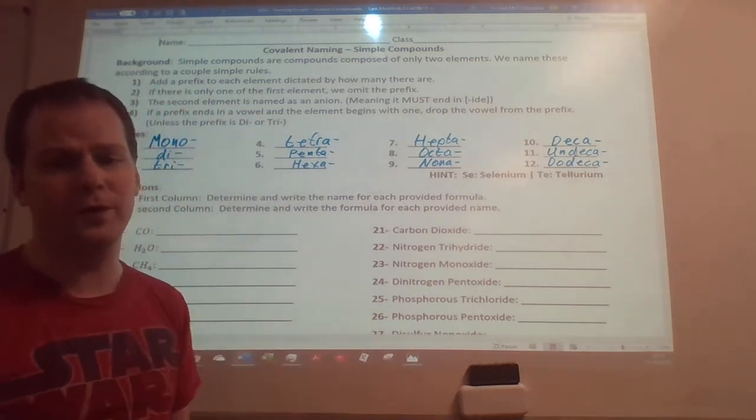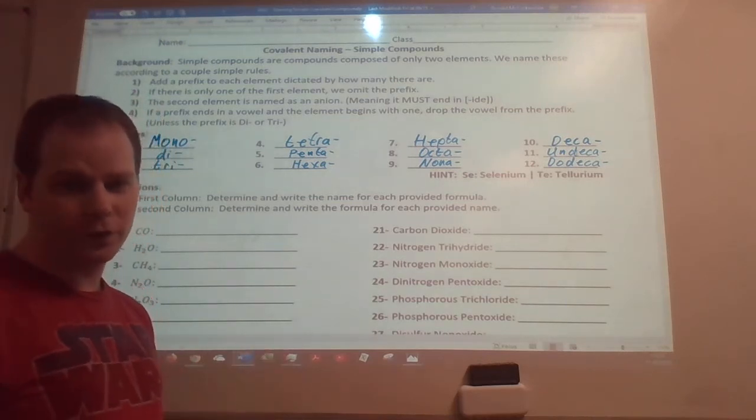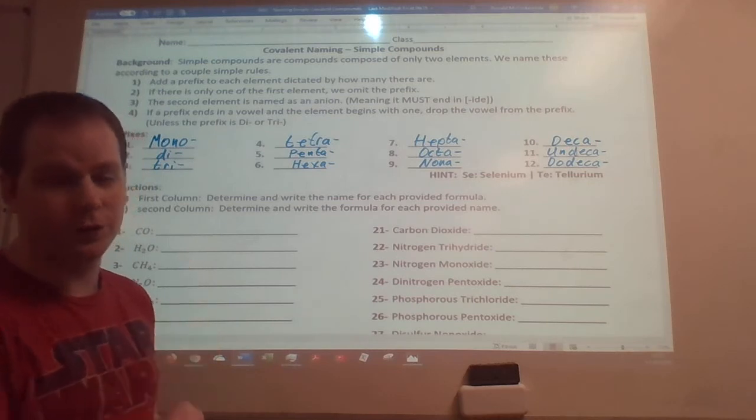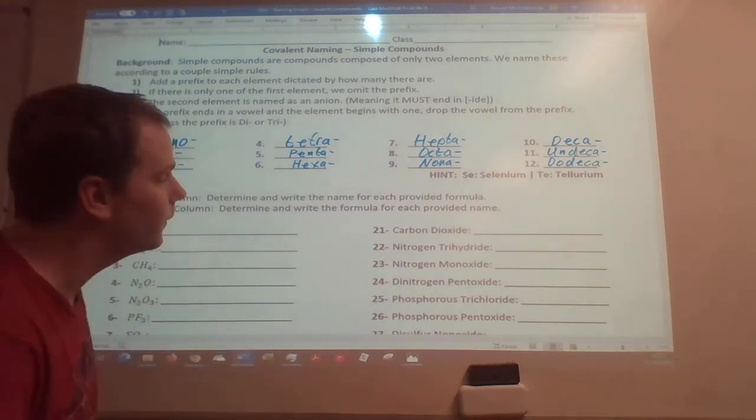And these are the prefixes that I gave you in the original announcement. So if you weren't 100% sure what to do with those, this is what you do with those. They're just the prefixes that you need in order to do this naming.